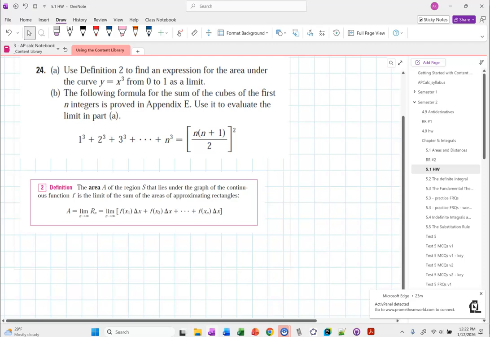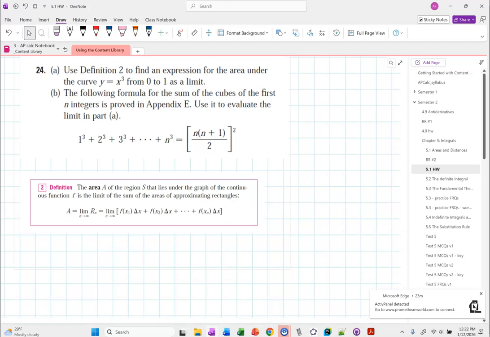Okay, so we'll just start. Well, I know the area is going to equal the limit as n goes to infinity of f of x. Well, let's write it this way.